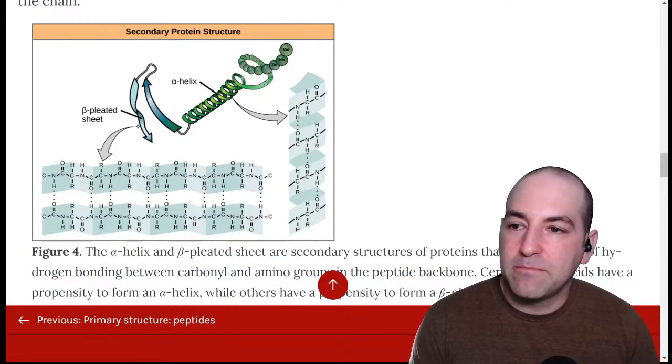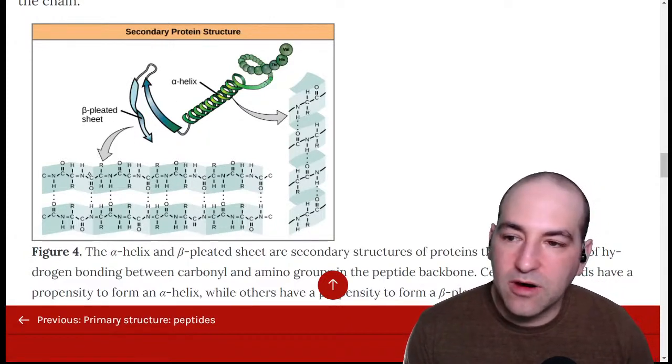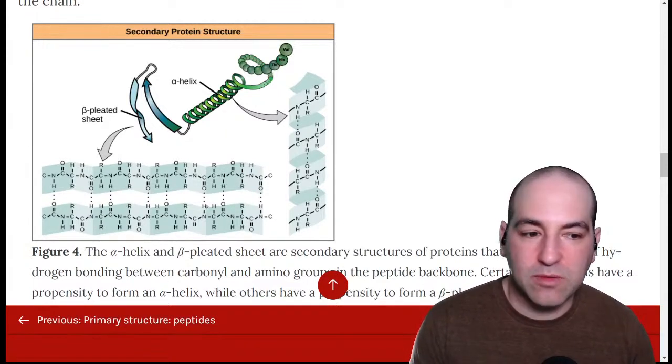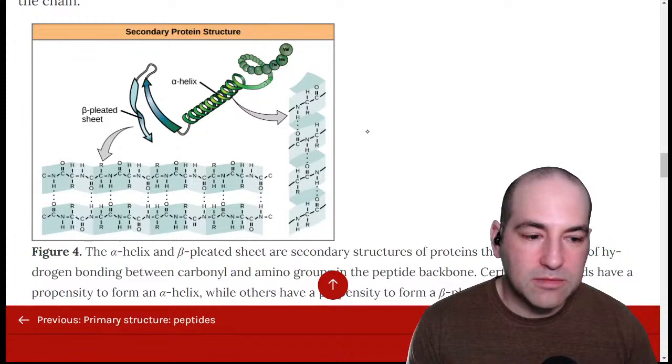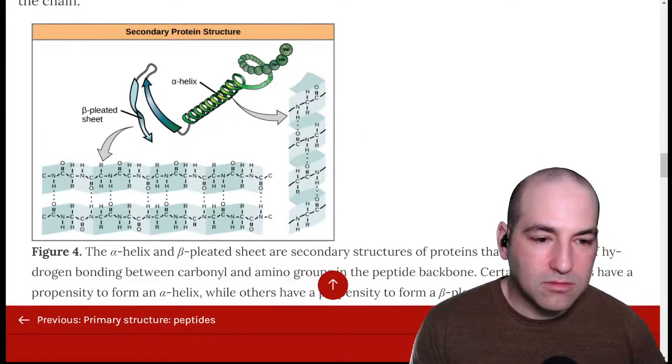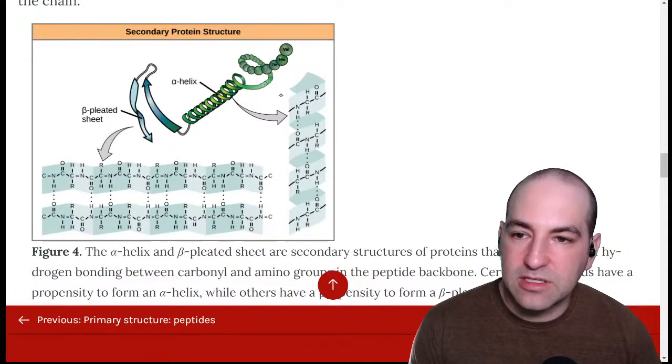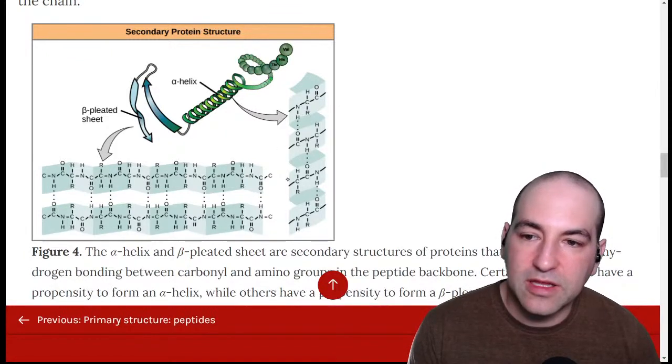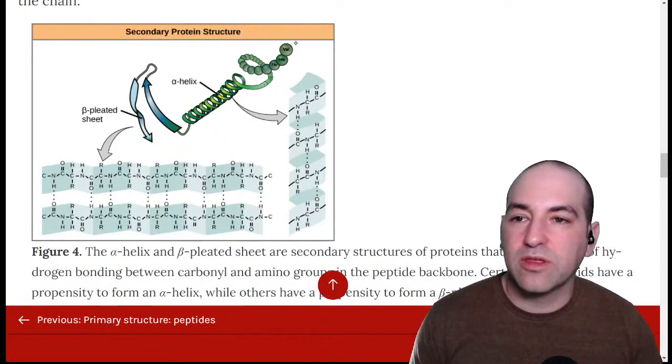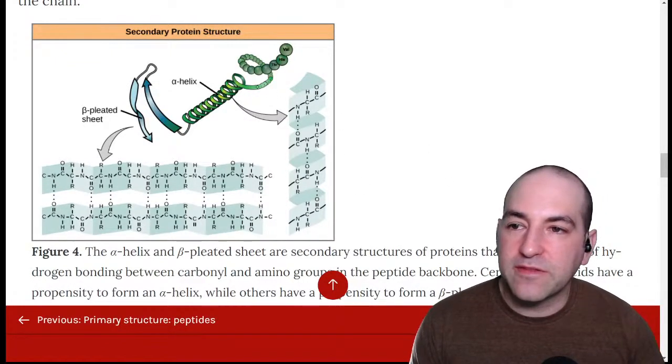Alpha helix, beta pleated sheet. Either the chain makes a sheet that can hydrogen bond with another sheet, or it makes this twisty form, which is called an alpha helix. And it's generally those prolines that cause this thing to twist around like that. That's called the secondary structure.